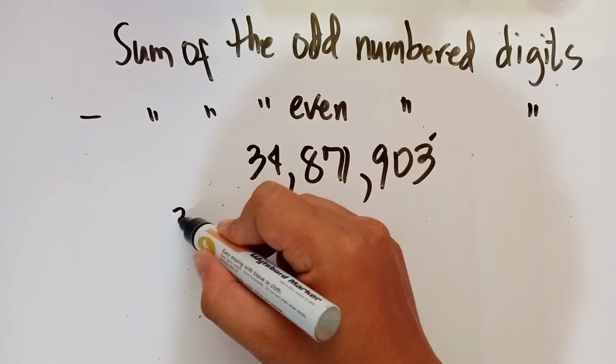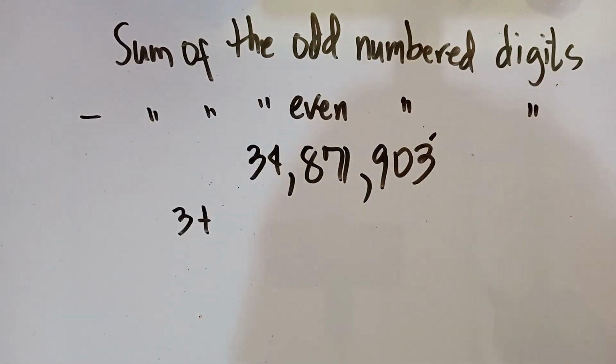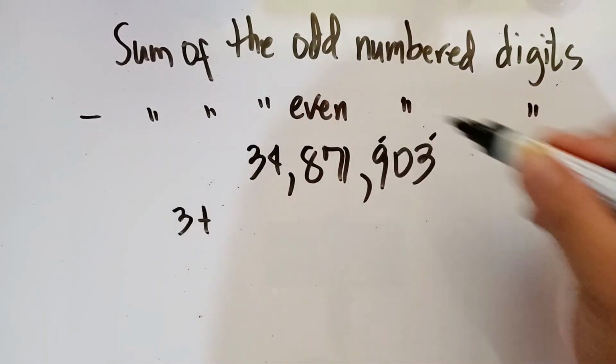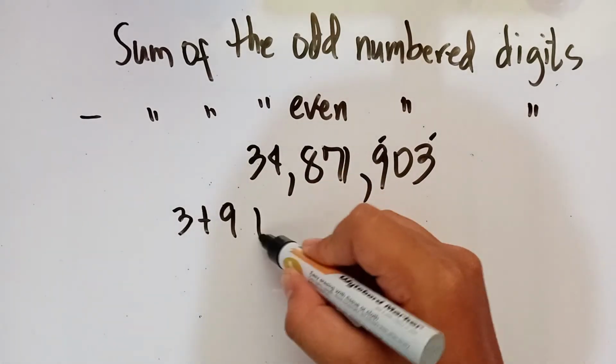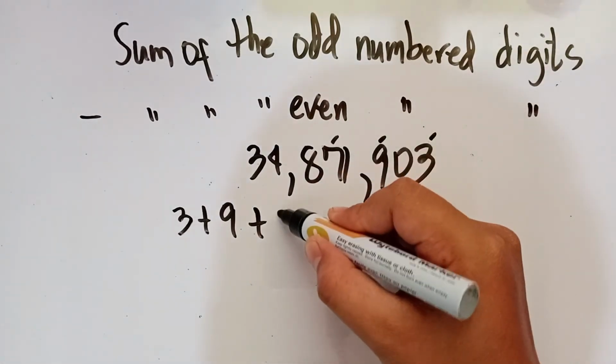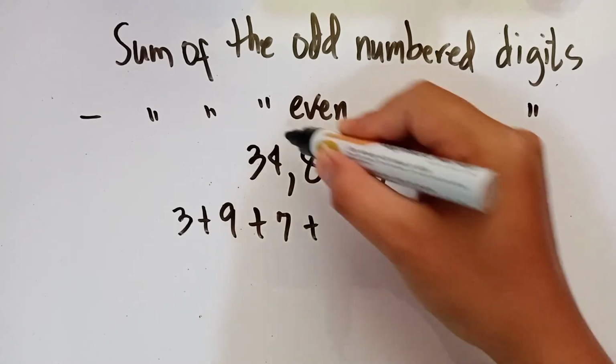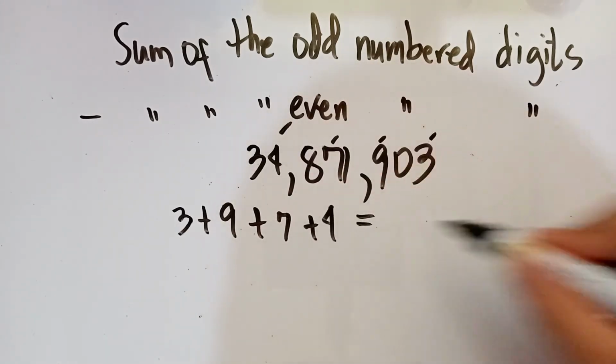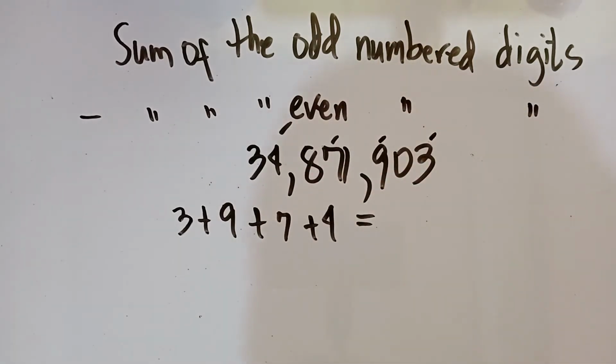So we have here 3 plus, okay, the next odd number digit is 9 plus, next is 7 plus, and the last is 4. So this is for the odd numbered digits. So the sum is equal to 23.